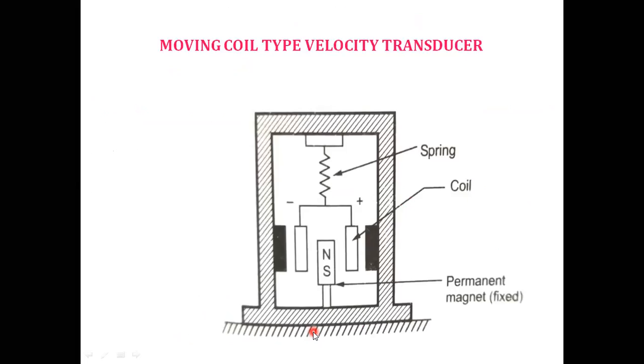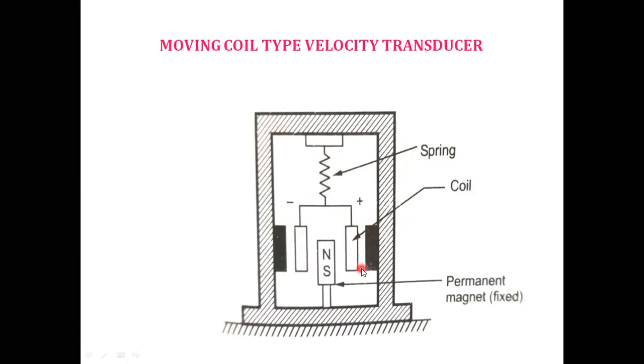Here, this is the arrangement for the moving coil type velocity transducer. The total arrangement is in a closed structure. A spring is attached from the top portion, and thereafter the coil is attached like this.